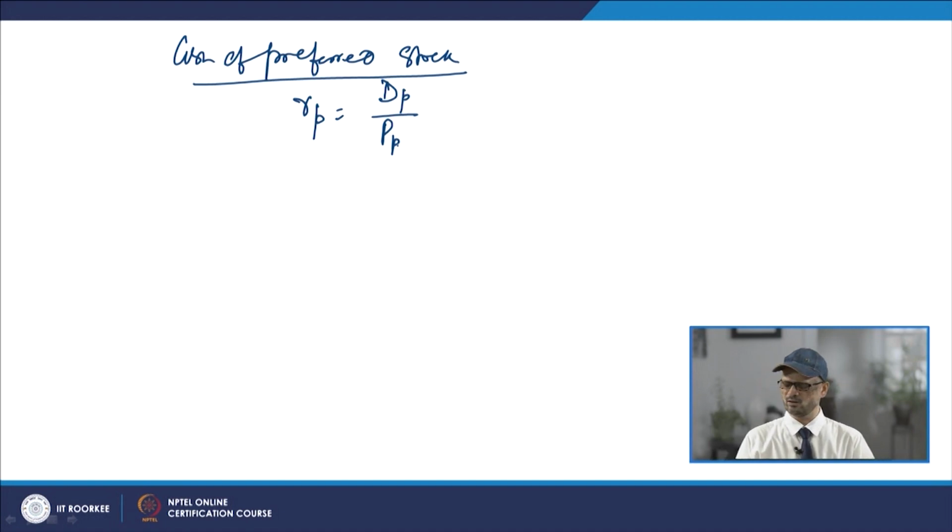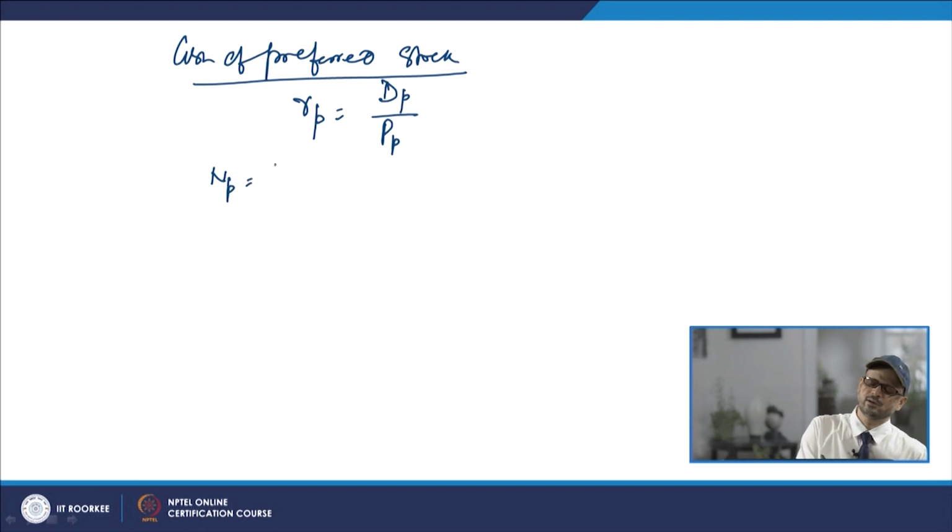Now, instead of using the preferred stock value as PP, we also use the term net proceeds, because you will have to subtract the flotation charges. So basically you have to find the net proceeds, NP, which is the preferred stock price minus flotation cost.